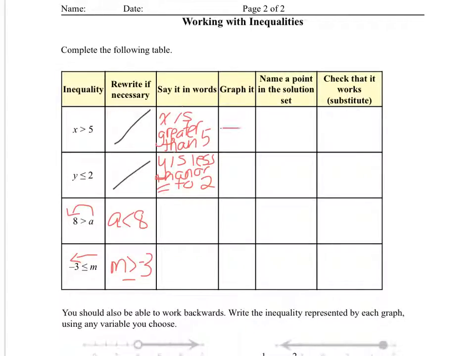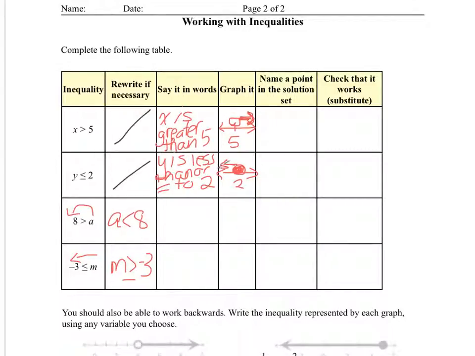You're going to do a number line, put 5 on there. This would be an open circle. Greater than goes this way. Okay, so that's graph it. A number line, put 2 on there. This will be a closed circle.